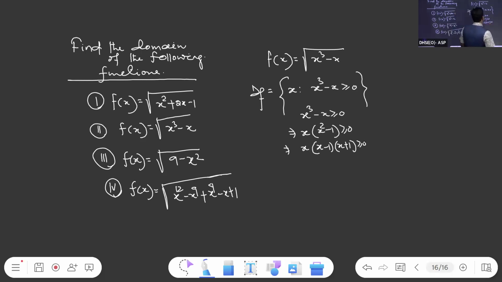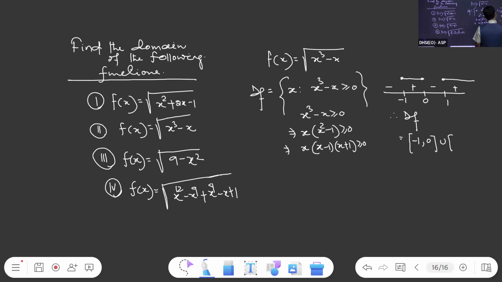The critical points are minus 1, 0 and 1. So plus, minus, plus, positive region is required: minus 1 to 0, union 1 to infinity. Thus domain f is equal to minus 1 to 0 union 1 to infinity. Okay, this is the answer to question number 2.